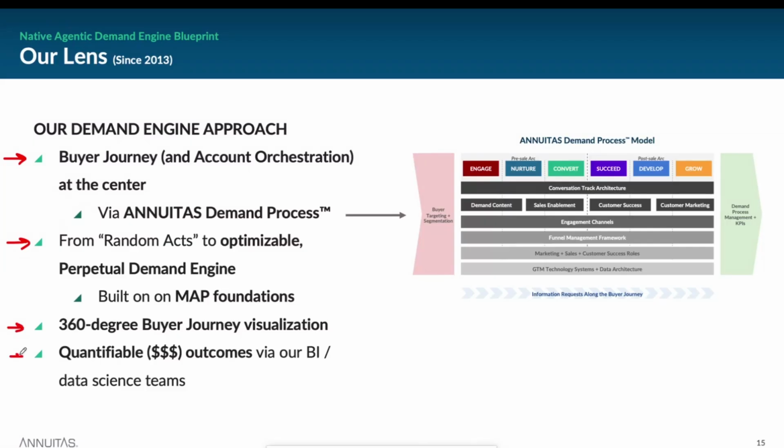And finally, that every interaction, every dollar in the top of the funnel, every point of engagement is quantifiable and we can see what is the key mix so that we can optimize that engine. So this lens is really important as we look at agentic and think about an agentic demand engine because it's the same fundamentals that we've been at now for a decade plus.